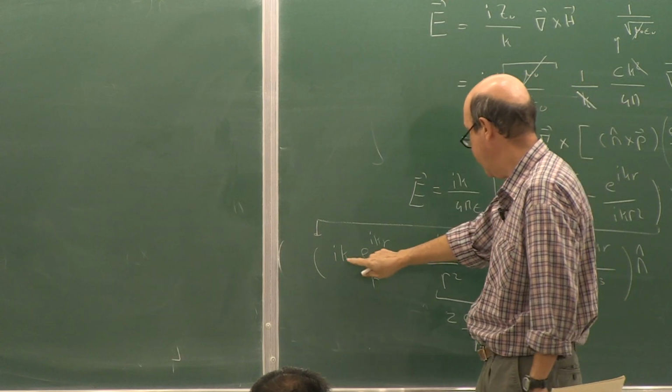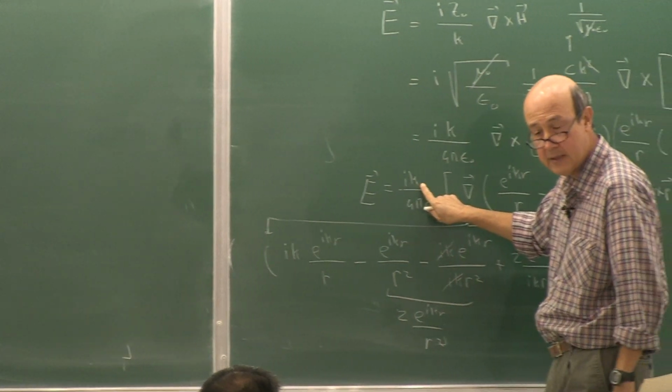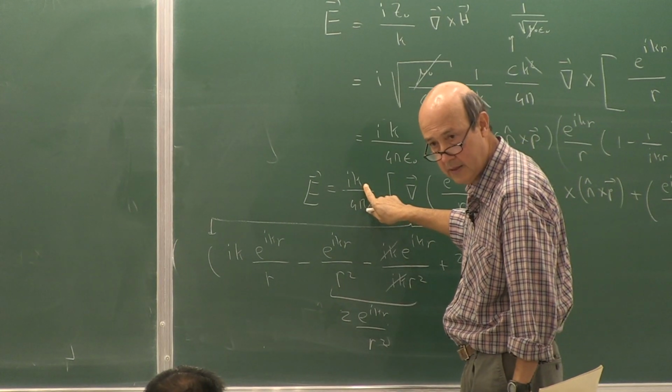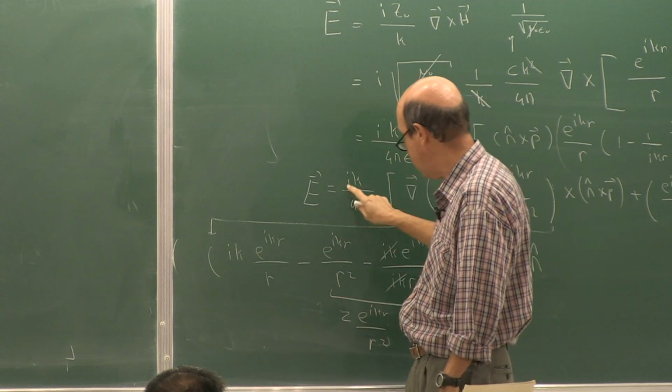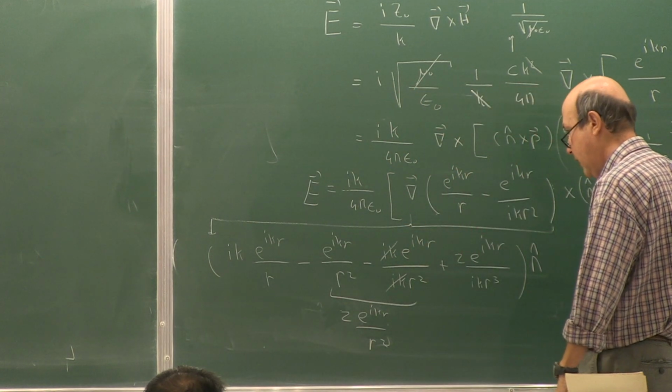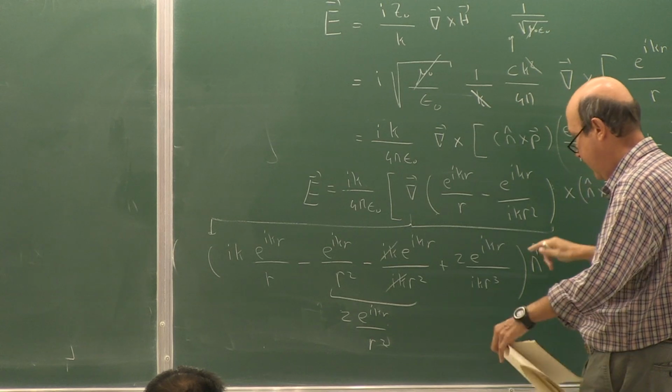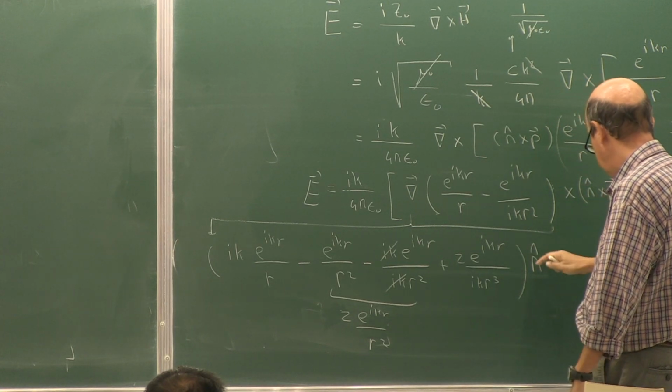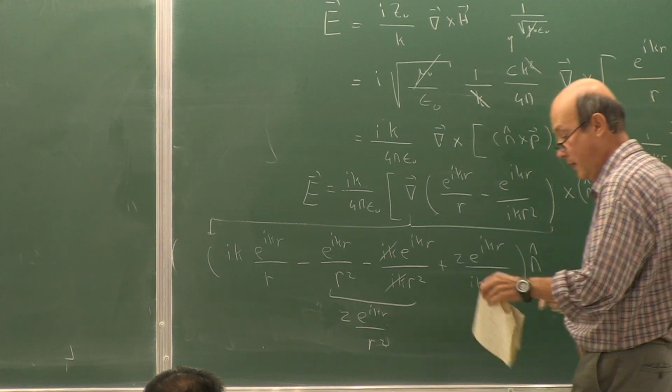I have ik, and ik here makes minus k squared. ik times ik makes minus k squared. In order to get rid of the minus, I will switch the cross product. I will take the n cross p cross n.